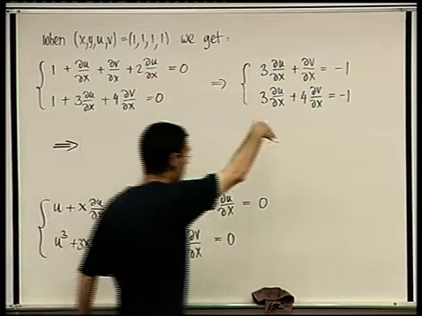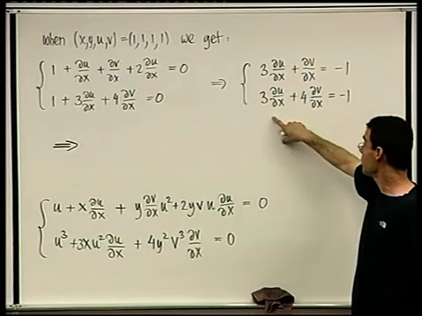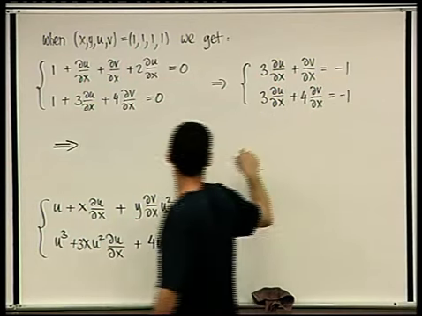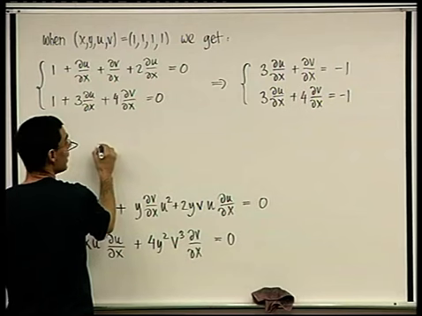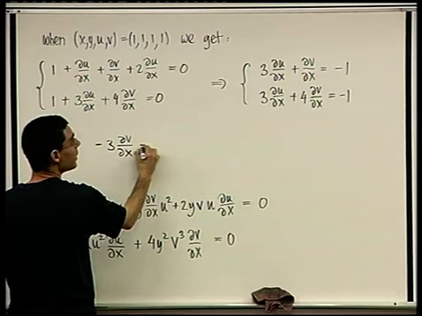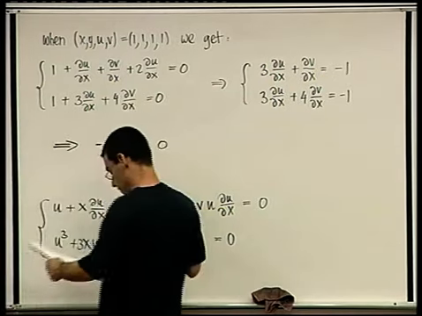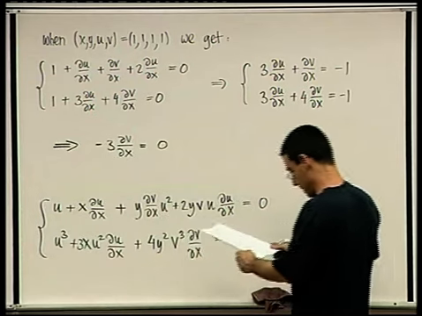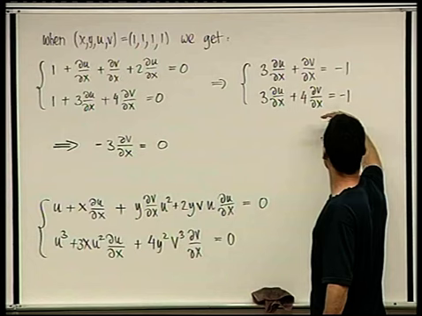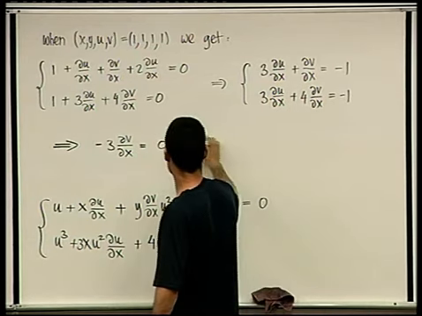How do you solve a system like this? You can, for example, subtract the equations, right? So I get dv/dx minus 4 dv/dx. So I get minus 3 dv/dx equals -1 minus -1, which equals 0, right? Is that true? So dv/dx is 0.